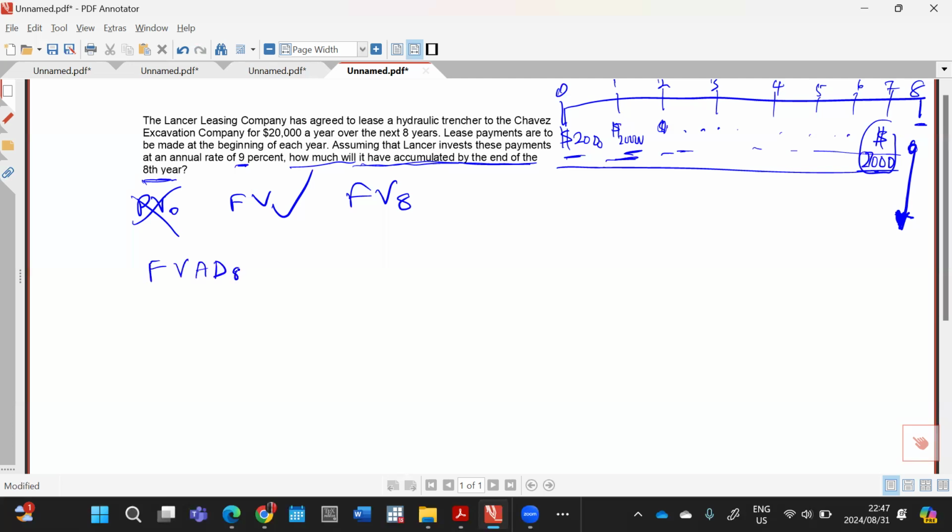at period 8, which equals PMT multiplied by the future value interest factor annuity, where the interest rate is 9% and the period is 8, then you make the modification, multiply by 1 plus i. So where am I getting this formula?